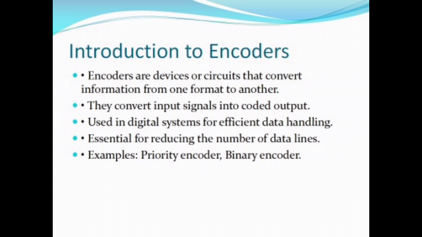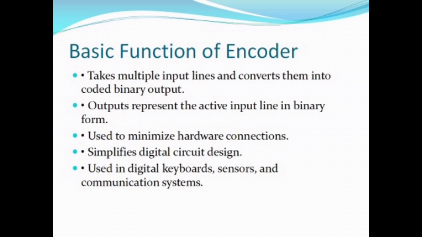Let's move on to the working principle or basic function of encoders. The input will be on multiple lines and the encoder converts it into a coded binary output. Only one input should be active at a time.